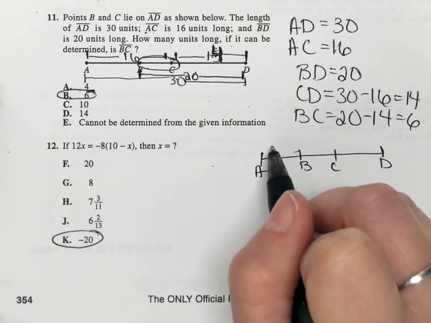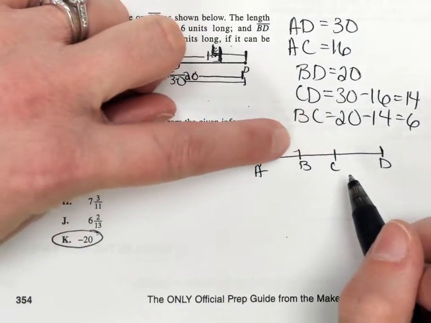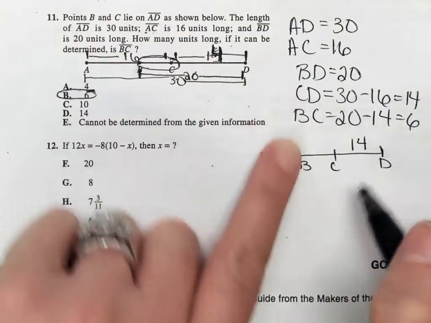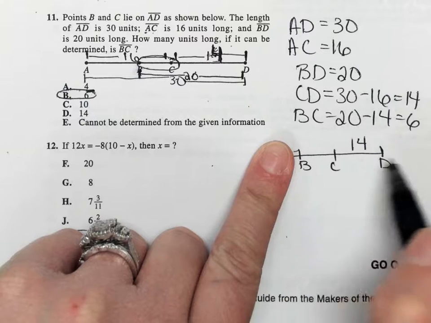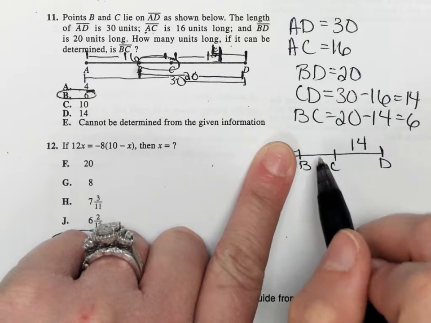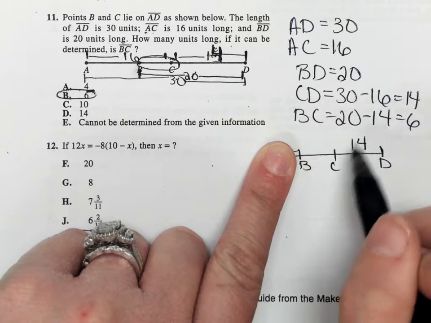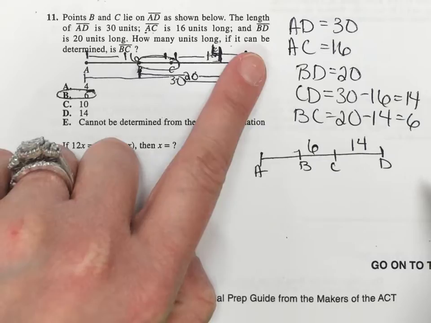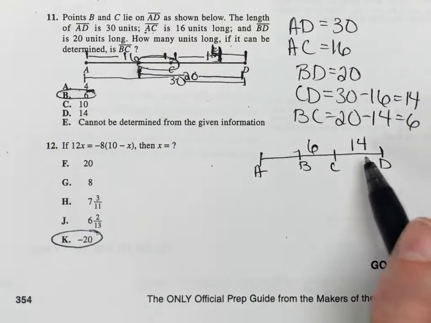This piece was 16. So these two pieces make 30, that means this piece is 14, right? Then they told me that B to D was 20. So if I know the whole thing is 20, then I just subtract the 14 to get that this is 6. Sometimes it helps if you cover up with your finger instead of doing the lines like I did.